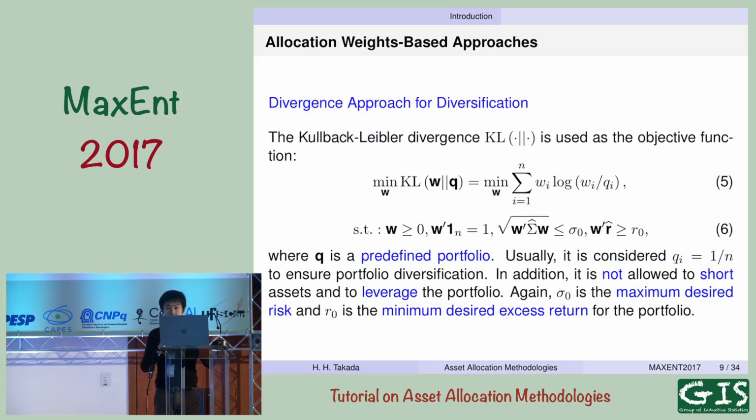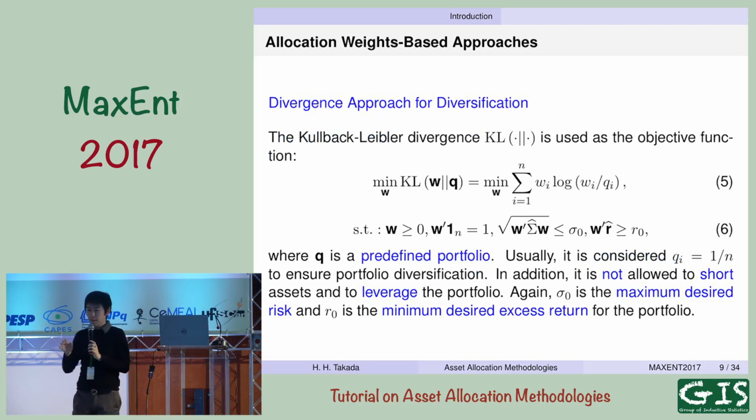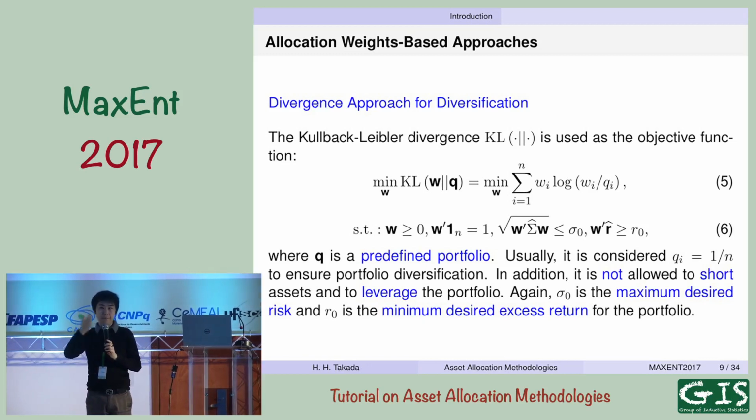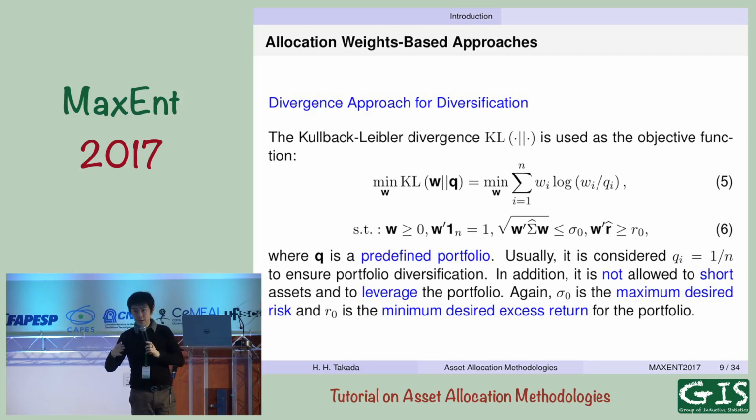And if you have some prior allocation, or in practice, what we have is a standard portfolio. For example, when the asset allocation house is very big, we have a basic portfolio, and then the different portfolio managers just tilt it a little bit, change it a little bit depending on something more tactical, a short-term allocation.